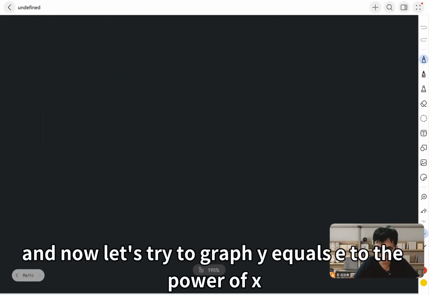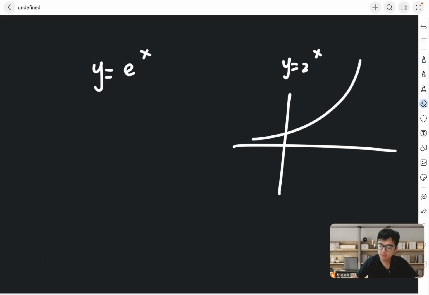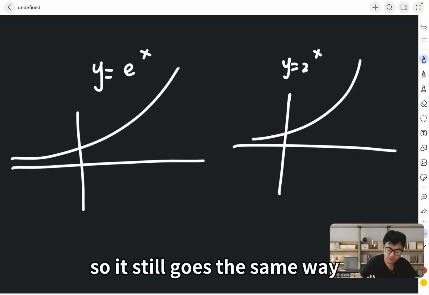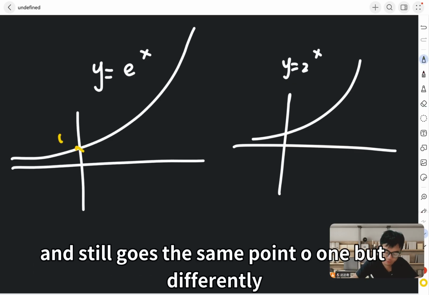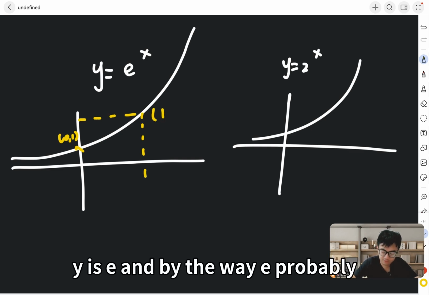And now let's try to graph y equals e to the power of x. It's similar to y equals 2 to the x. So it still goes the same way, and it still goes through the same point, 0, 1, but differently, at x equals 1, y is e.